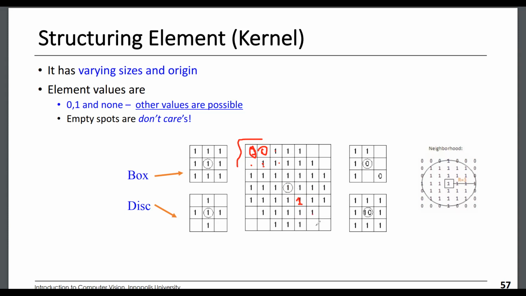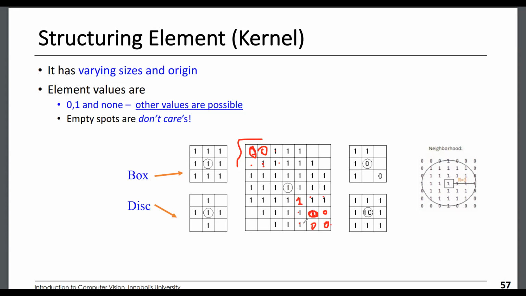The output at this place, what do you guys think it is? 0, right. The structuring element does not fit the whole place. Of course, on this side we do have 1, but on this side we have zeros, and hence we take it out.